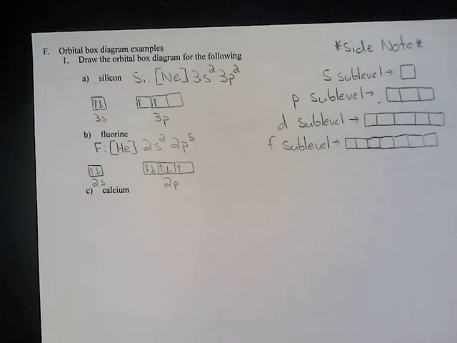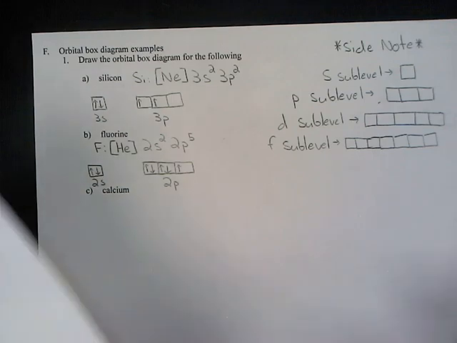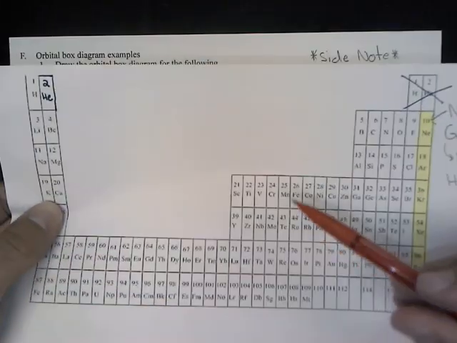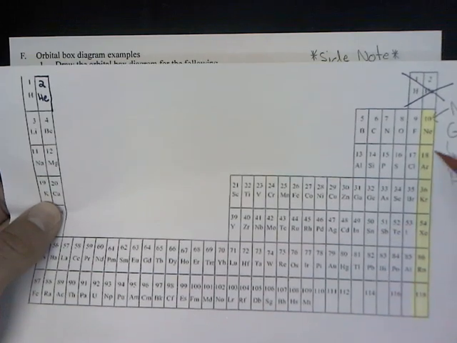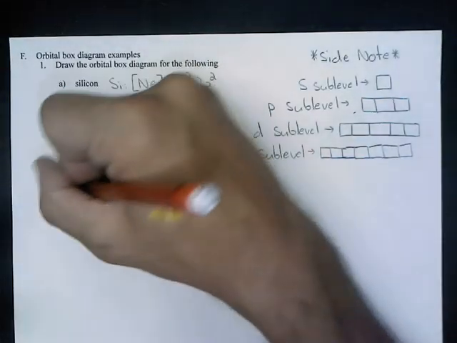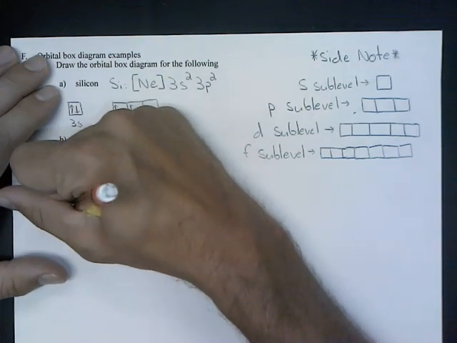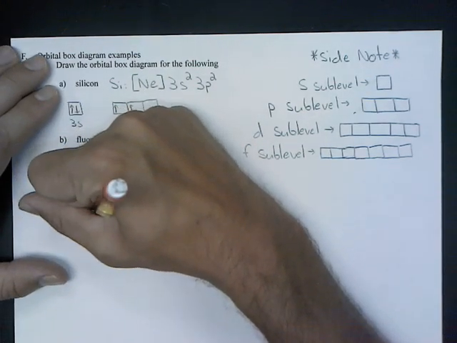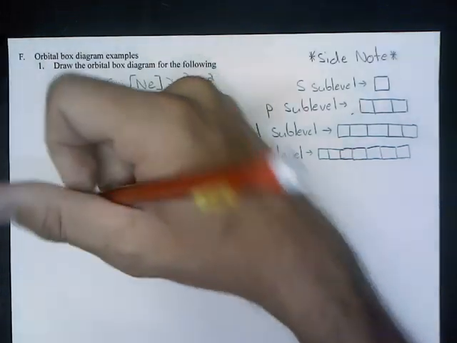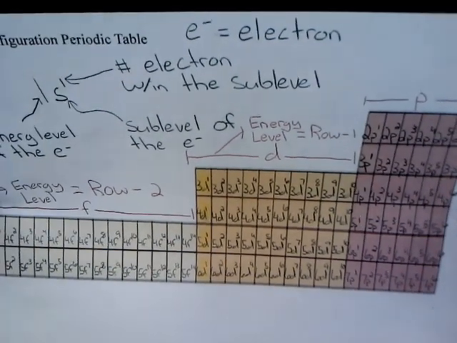Now, we get to calcium, our last example here, and we show here calcium is box number 20. If we go up a row all the way to the right, the noble gas is argon, and so calcium has argon as its first noble gas, and we turn to our electron configuration periodic table.